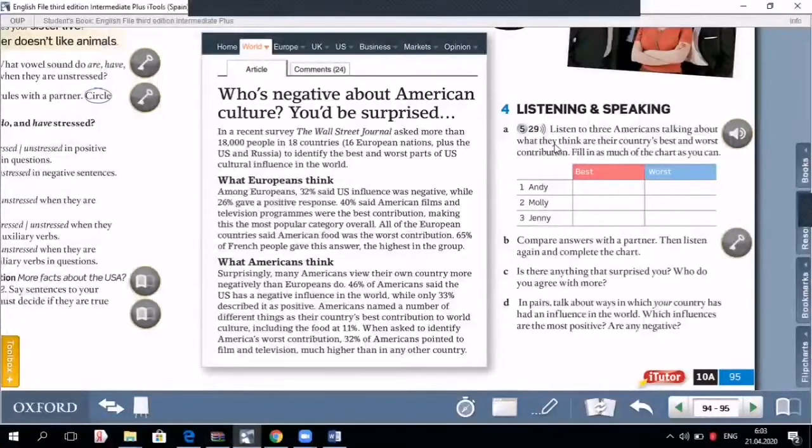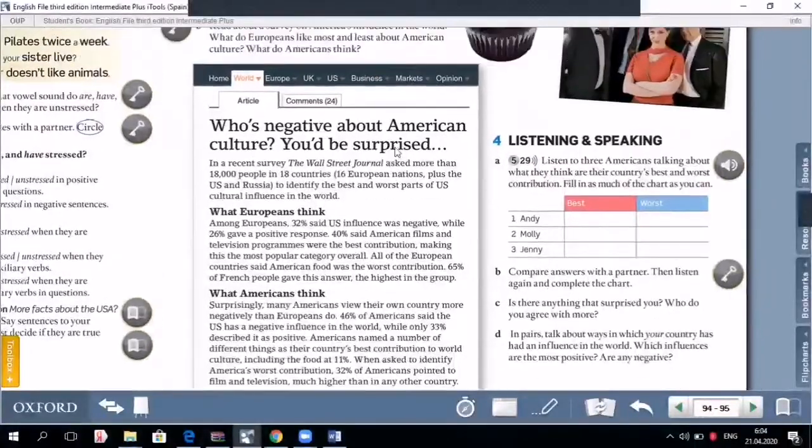Americans named a number of different things as their country's best contribution to world culture, including the food at 11%. When asked to identify America's worst contribution, 32% of Americans pointed to film and television, much higher than in any other country.